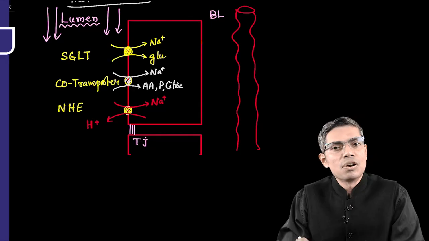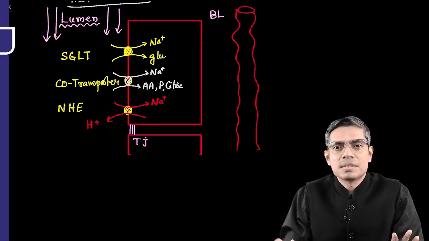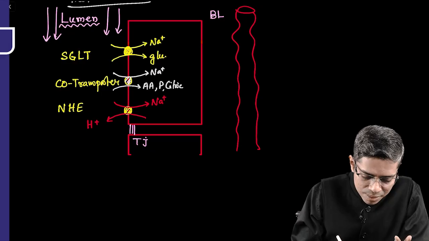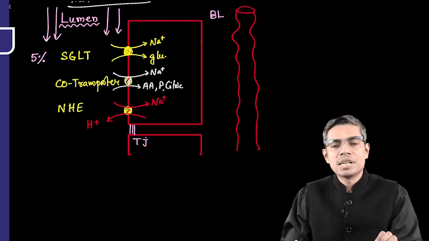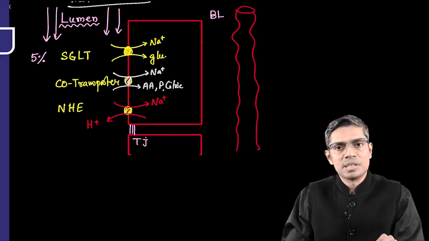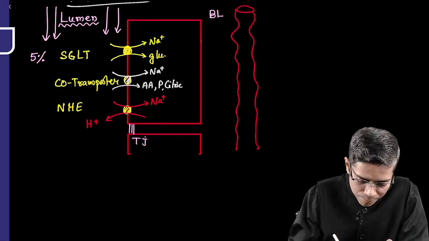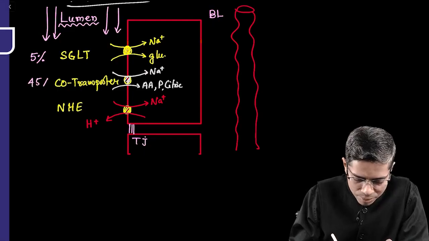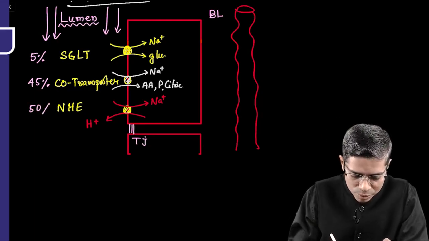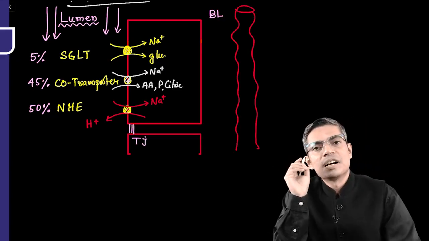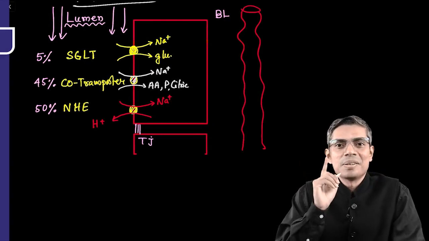Answer is not SGLT. Please remember, SGLT is responsible for only 5% of the total sodium reabsorption from proximal tubule. Another 45% sodium is reabsorbed by various co-transporters, and maximum sodium reabsorption from the proximal tubule is done by NHE.